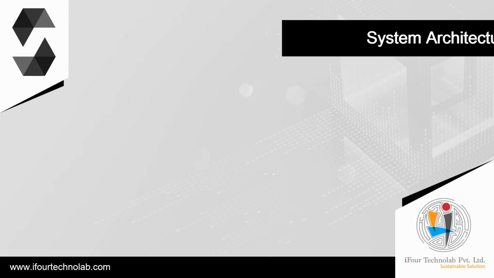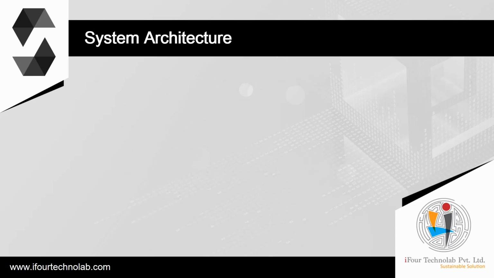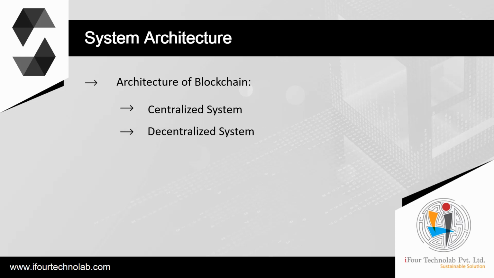Architecture. The architecture of blockchain. Centralized system. In a centralized system, one entity, like a person or an enterprise, controls the entire system. Decentralized system. In a decentralized system, there is no single controlling entity. Instead, control is shared among several independent entities.